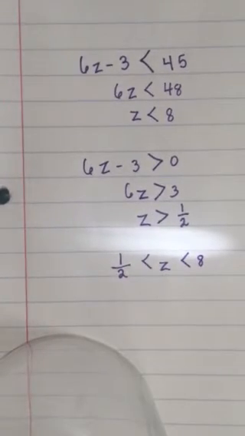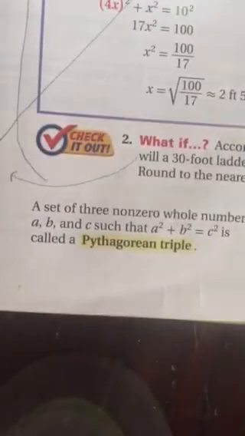Okay, let's talk about Pythagorean triples. We'll come back to the overall Pythagorean theorem in a minute, but let's talk about Pythagorean triples for a minute, because that is next on my list. This is page 349, and all you need to remember about the Pythagorean triples is that they have to be three numbers that work together to make the Pythagorean theorem work, and they must all be whole numbers.